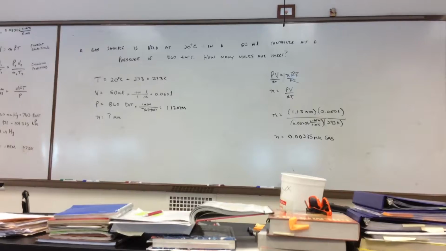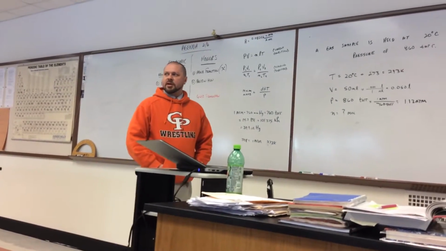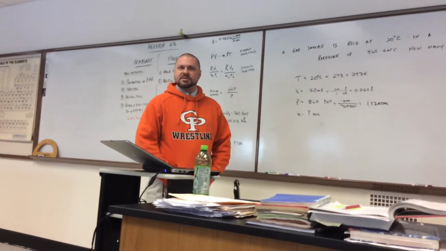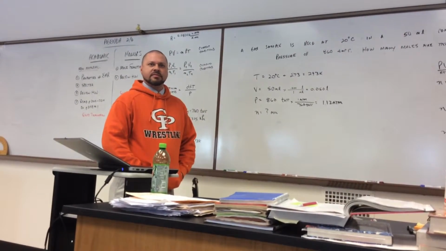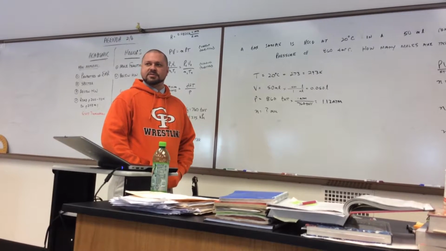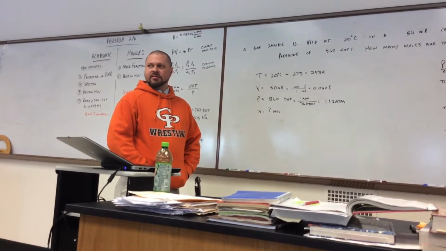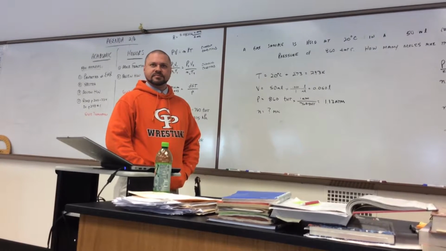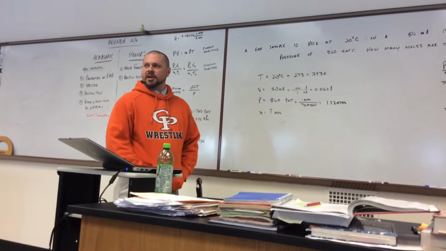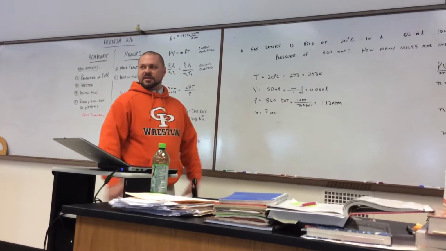So think about it like this. That can serve as a good starting point for a limiting reactant problem. I give you all the information to get the moles, and that's the moles you have. I could give you a mass. What if I gave you a mass? What would you do if you wanted moles? Divide by grams per mole. So in a limiting reactant problem, I could just say you have a mass of this.